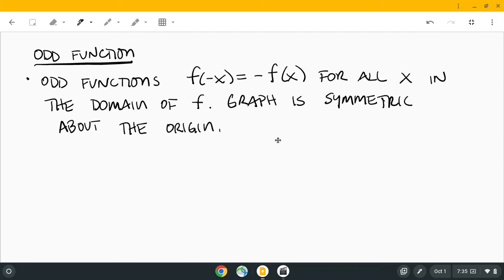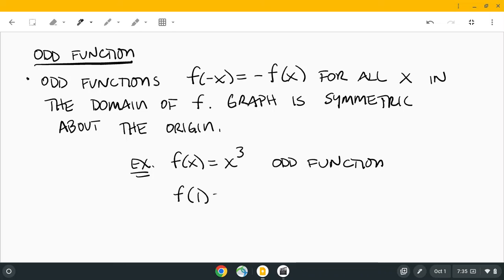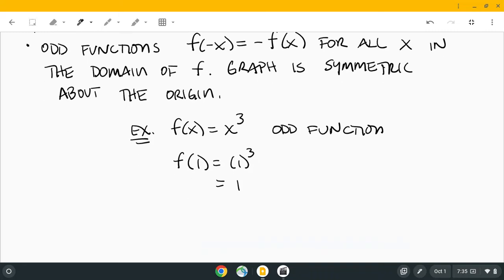So one example is x cubed, the x cubed graph. So this here is an odd function because if we do f of 1, we get 1 to the third power, which is 1. But when we do f of -1, we don't get the same thing. We actually get the opposite.